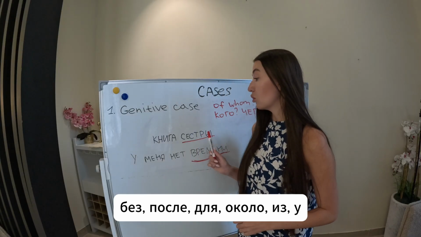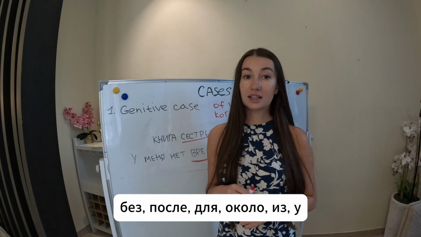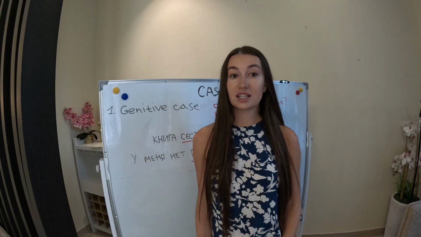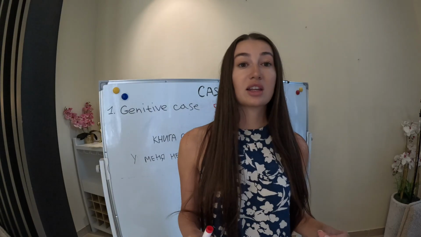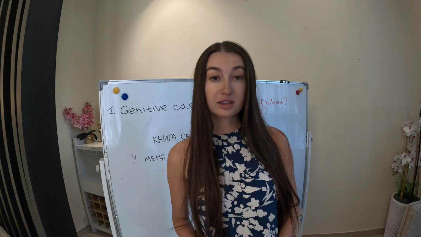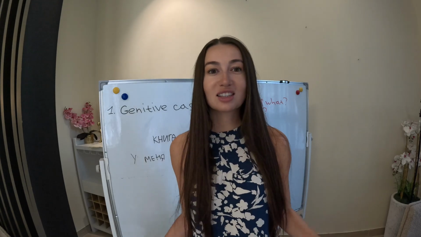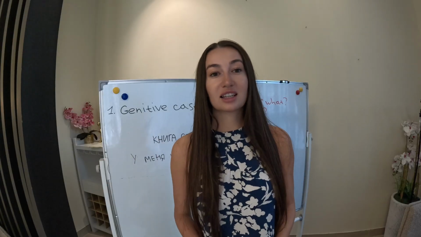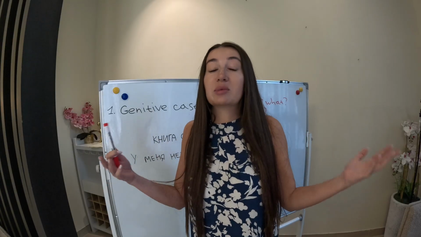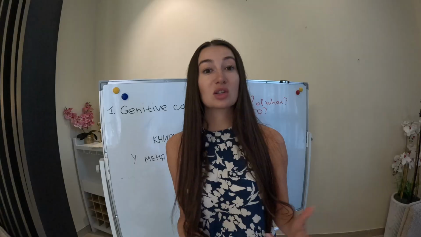We can say у сестры есть книга. After у, genitive case. I tend to believe that the genitive case is the hardest case in Russian language because it's used literally in every single sentence. Maybe that's why it will be easy to remember because we use it all the time.